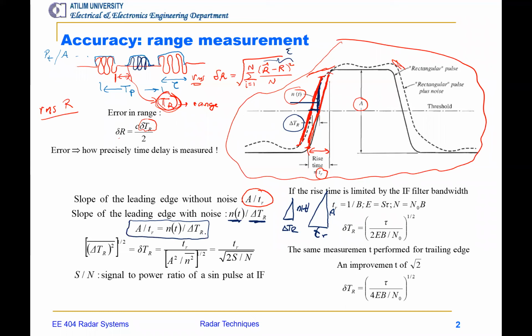Okay, here delta TR is unknown. This is the measured error. Now, suppose that we have many such values.